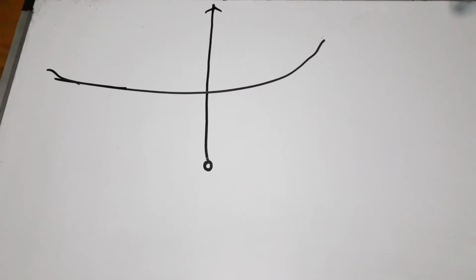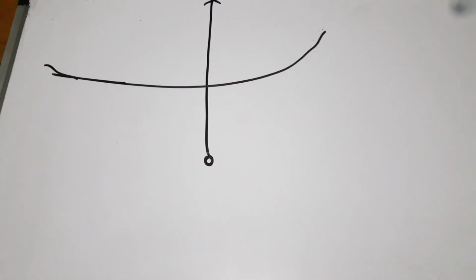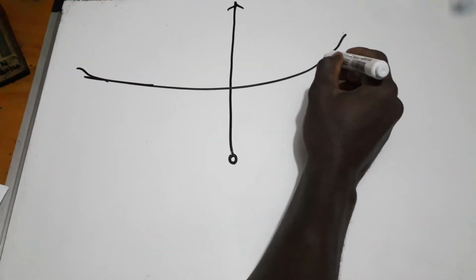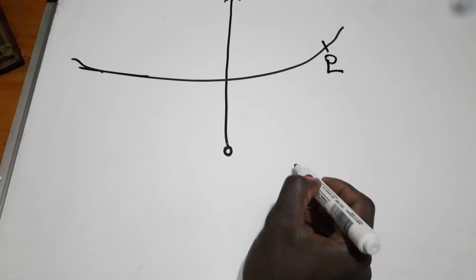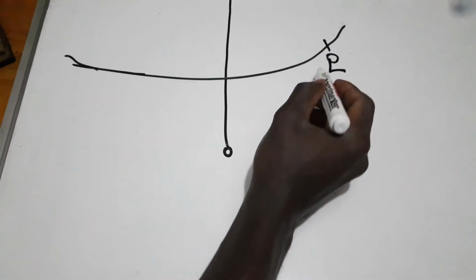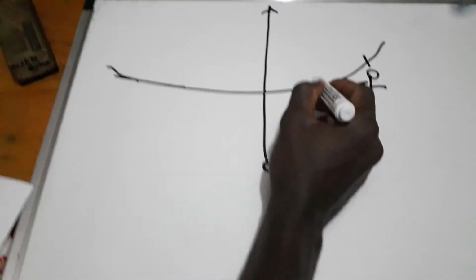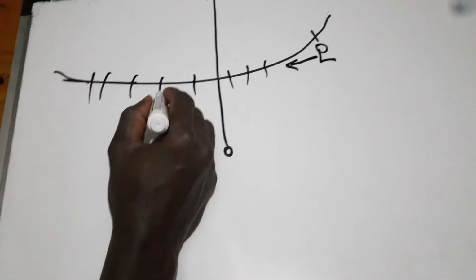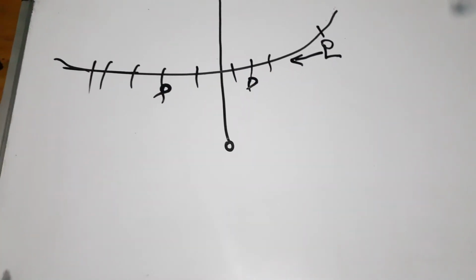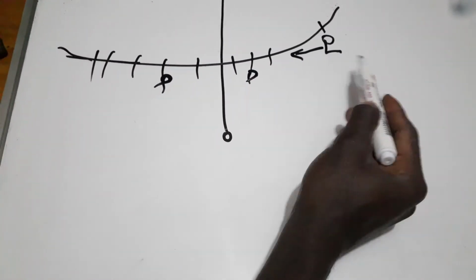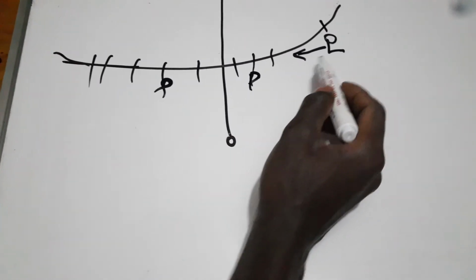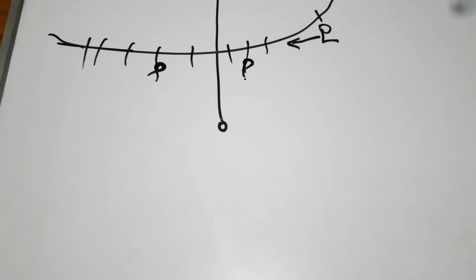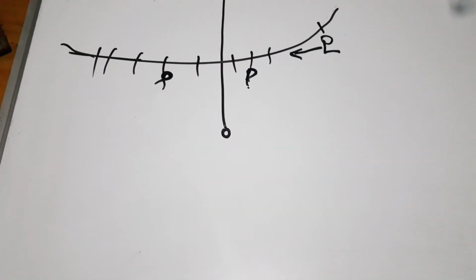So they've said that Q is due east of P. So Q is somewhere here, but P is somewhere along any place along this area. Are we together? We can assume it's here, we can assume it's here, but because they say Q is due east of P, it means that P is due west of Q, so we can put Q there. Are we together?